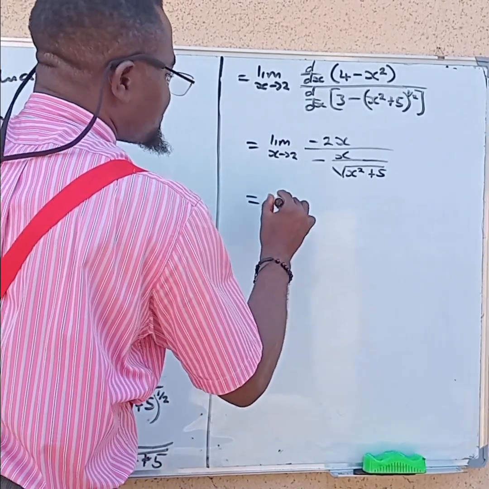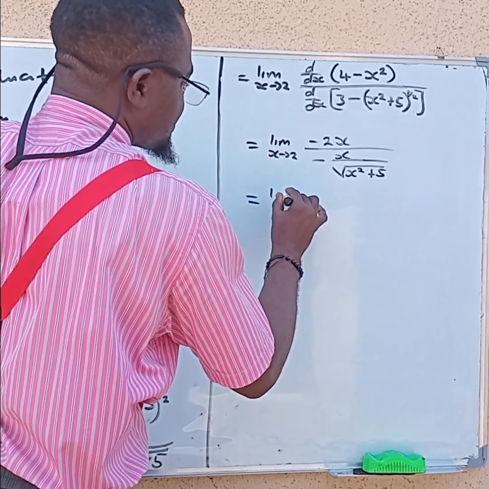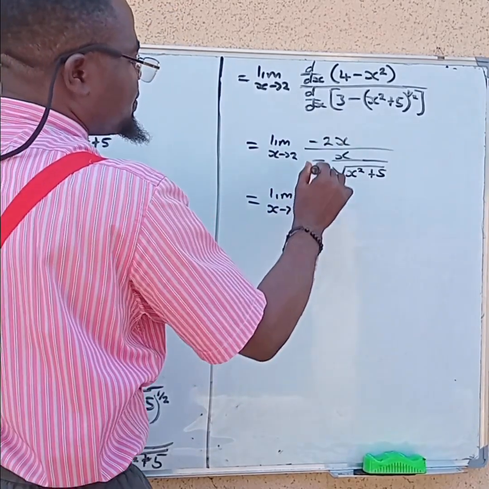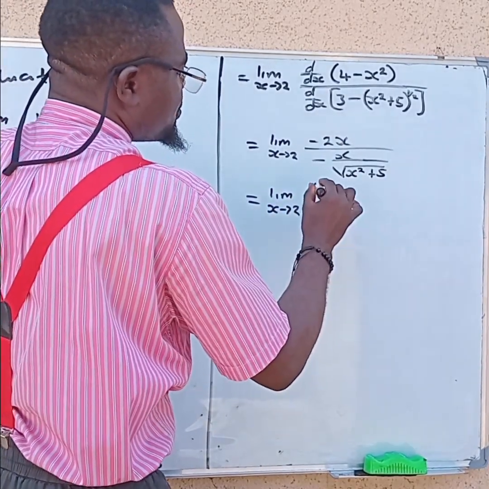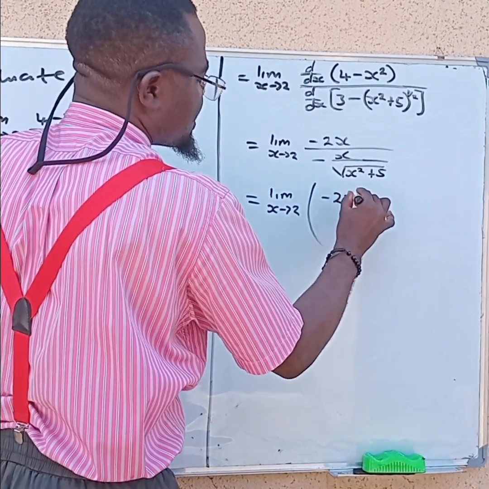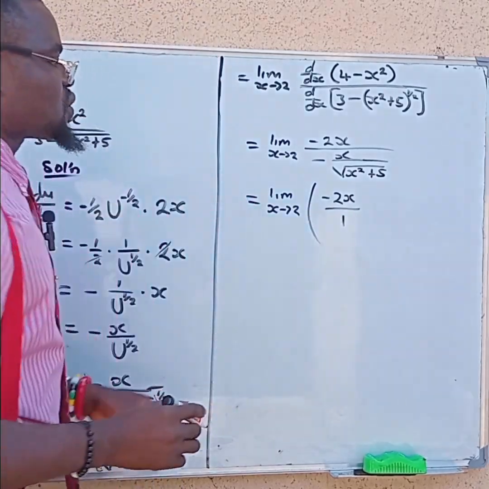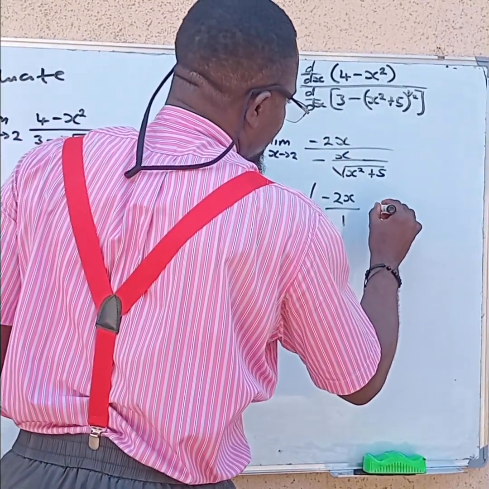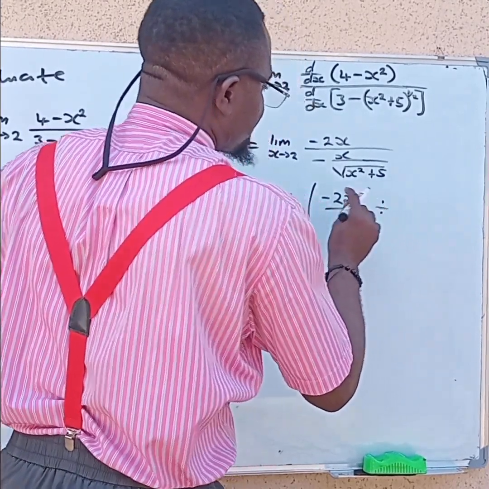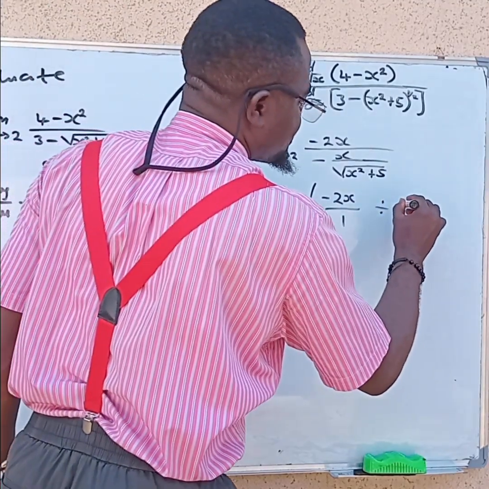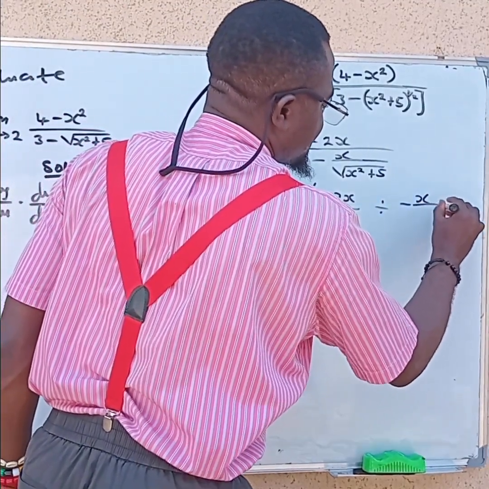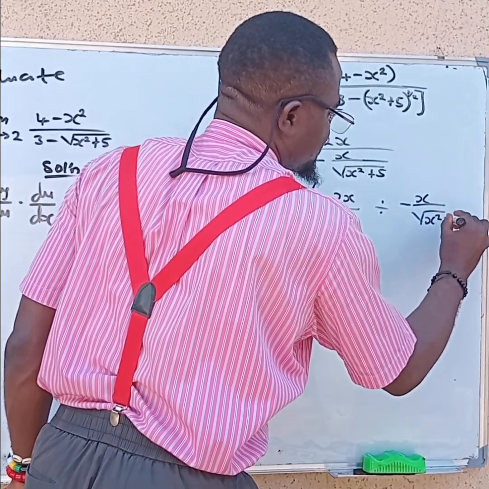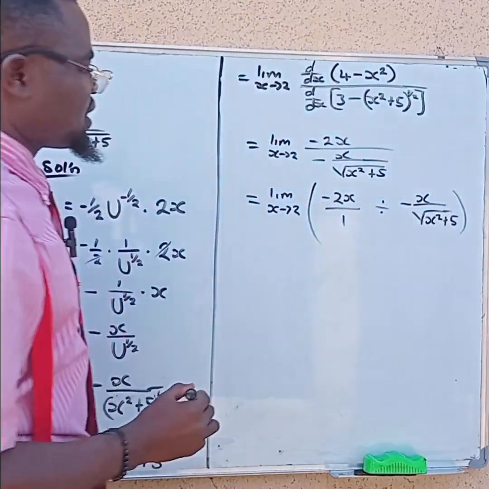Before you apply the limit, it will now be the limit as x tends to 2. Now what you have here is, let's open the bracket, minus 2x over 1, because this one is on its own, divided by, this is a division line, minus x over the square root of x squared plus 5. Can you see this?